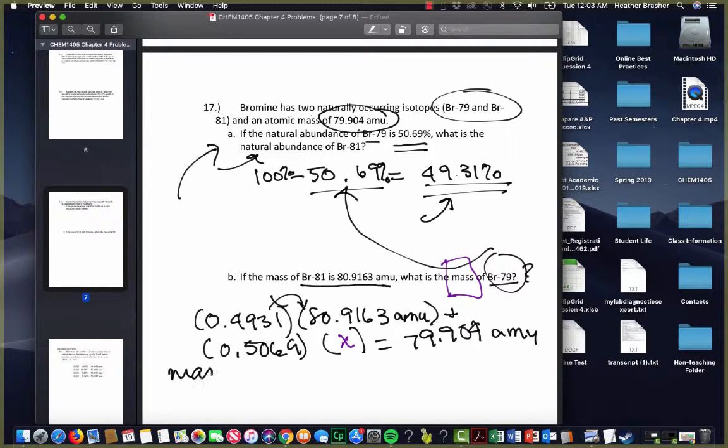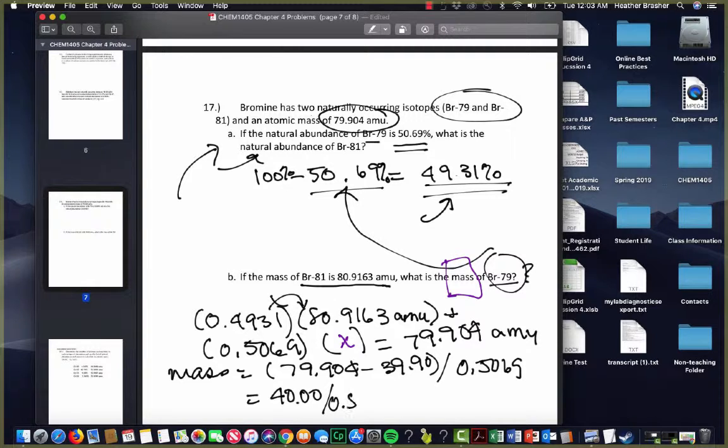We will get it set up where we have the mass equals 79.904 minus 39.90 divided by 0.5069. And then essentially we will get 40 divided by 0.5069, which equals 78.92 atomic mass units.